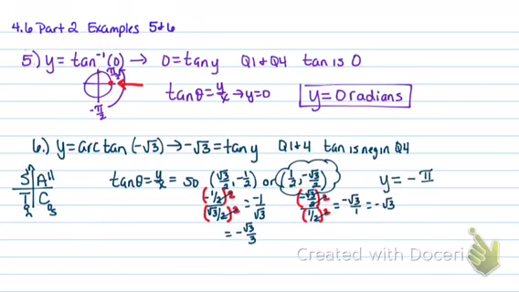So it was negative pi over 3. Whoops, I'm sorry. It is actually 5 pi over 3, but that's not in our interval. So subtract 2 pi, and that gives us negative pi over 3.